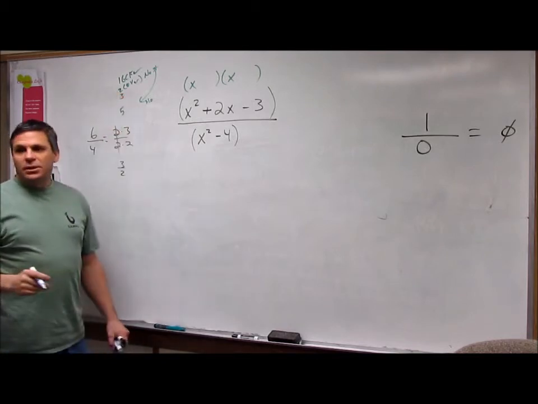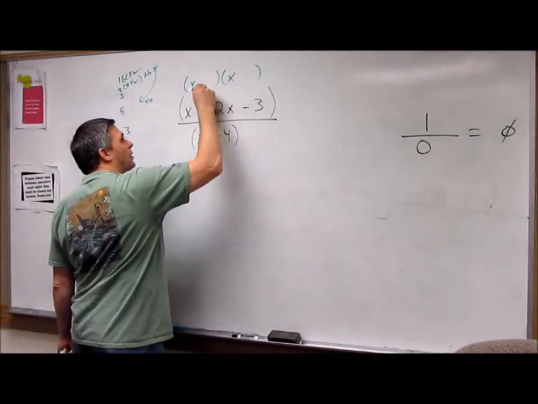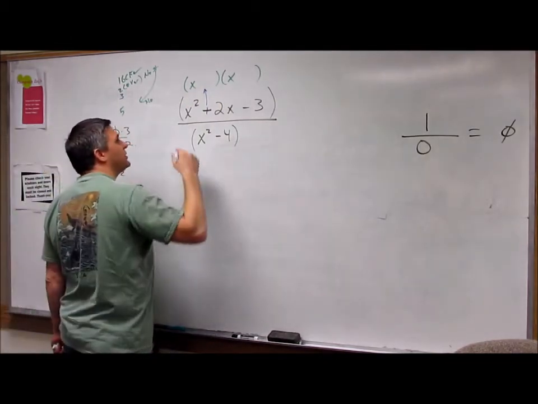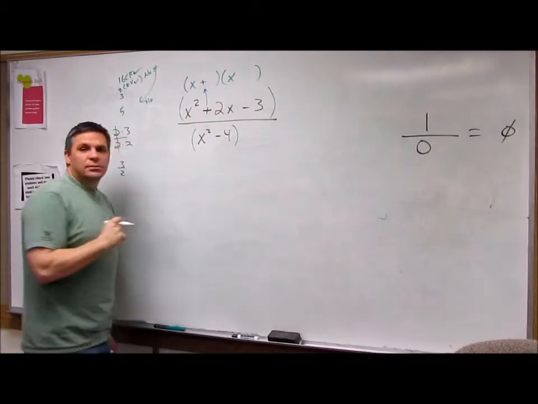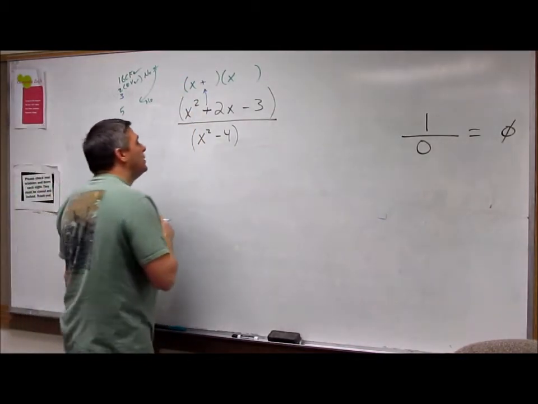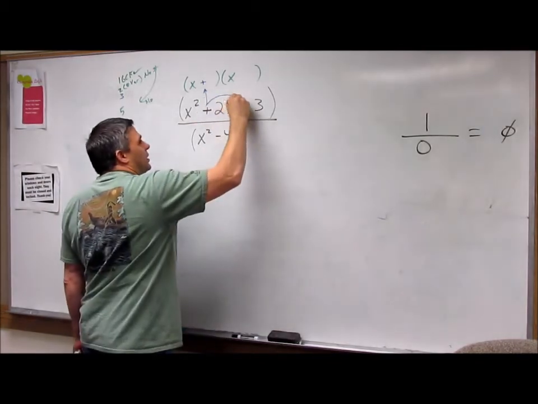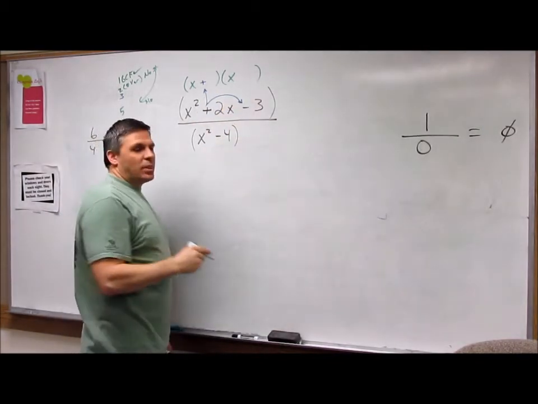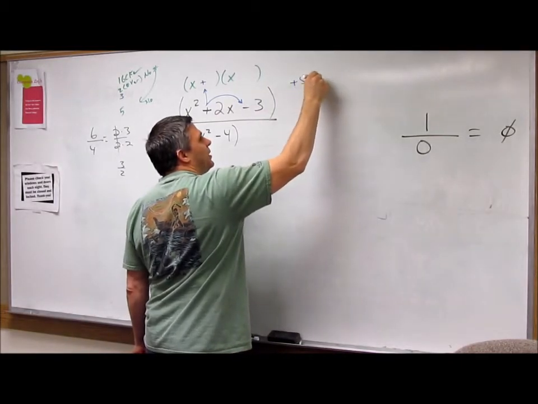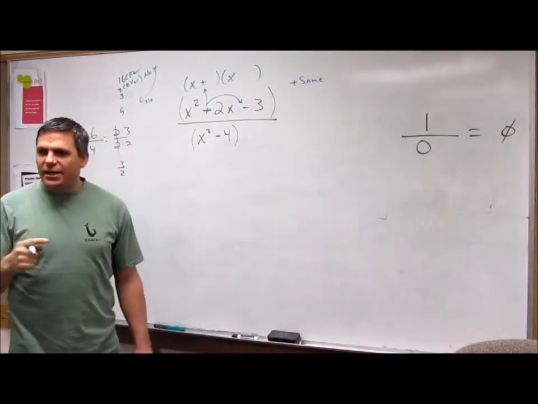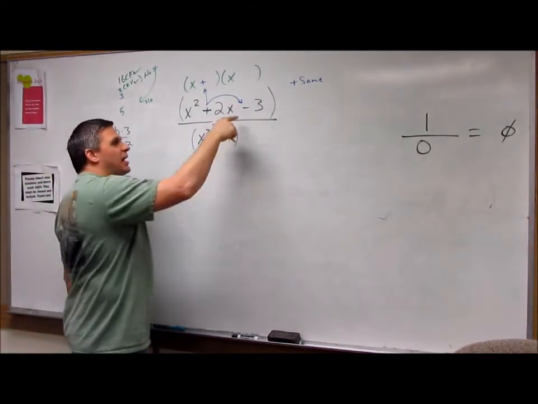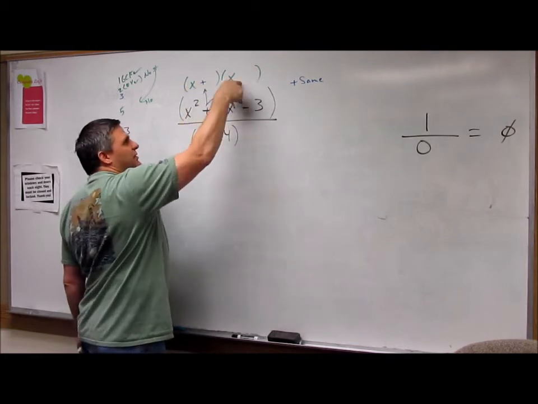So our next step, 3. Bring up the first sign, put it in there. Now we look at the second sign, and remember, if the second sign is positive, then that's a sum, or it's the same. What it means is that if it's positive, then these both are going to be the same.